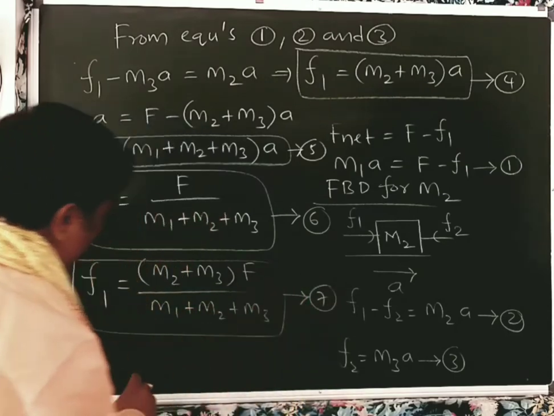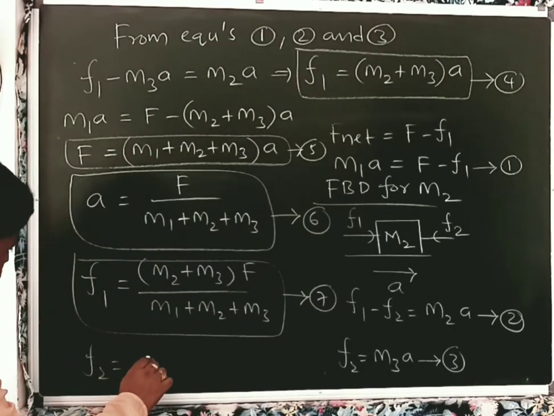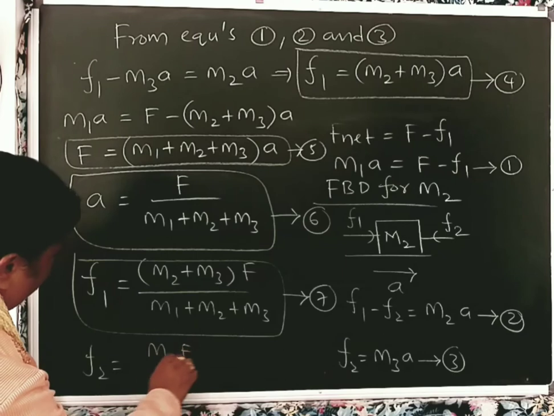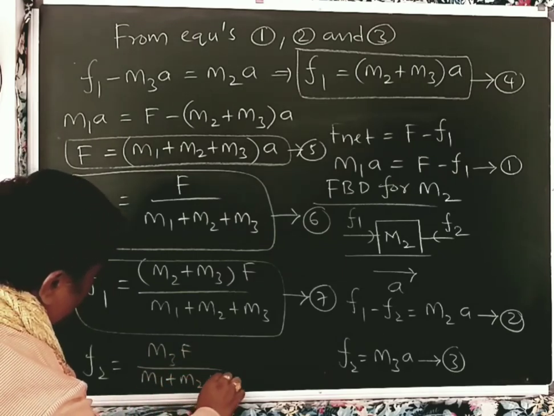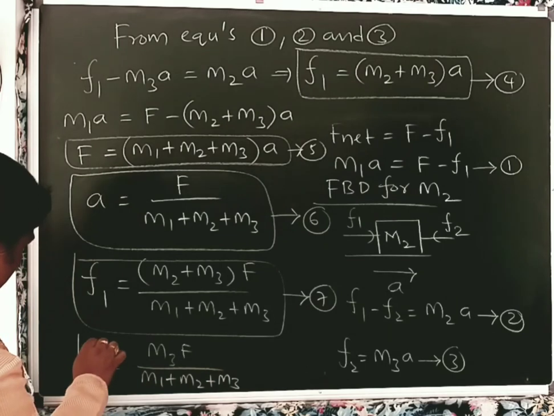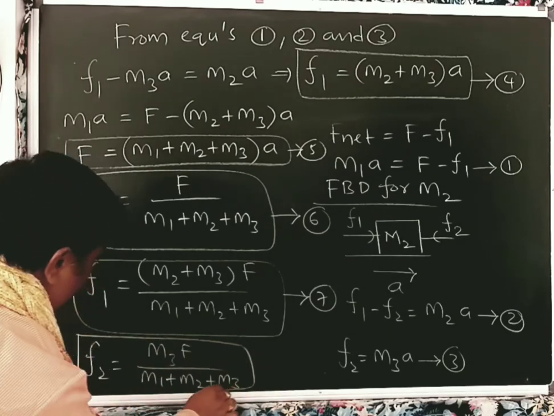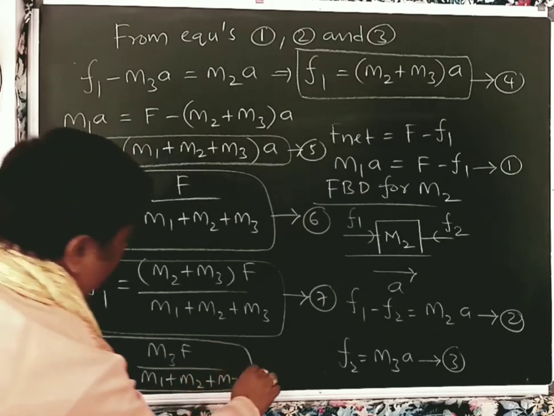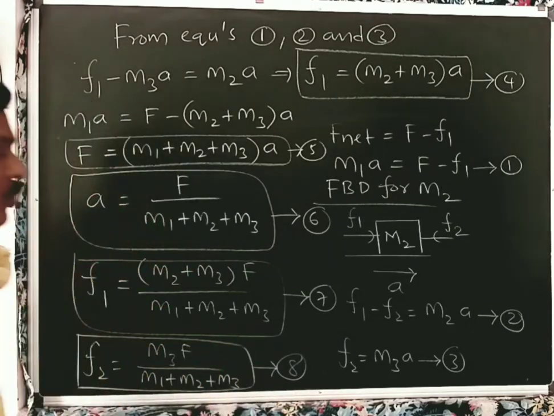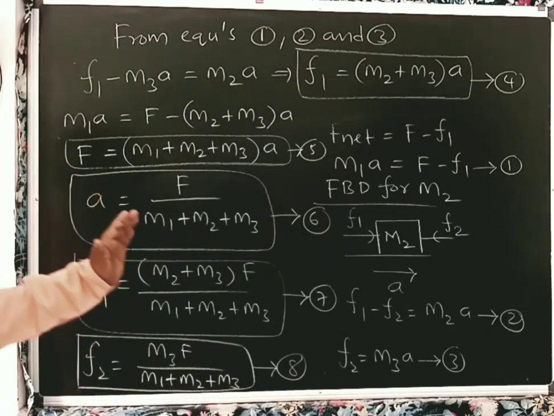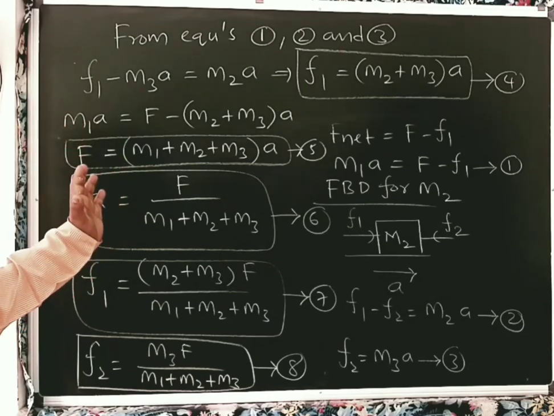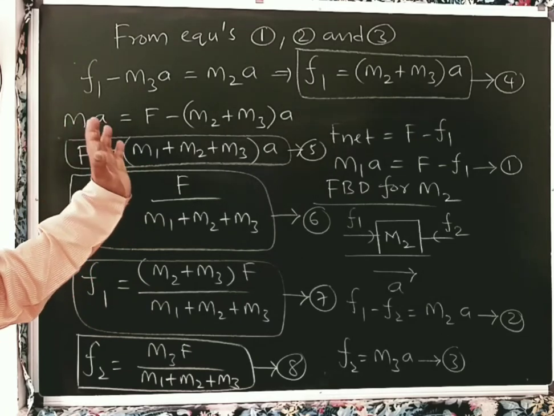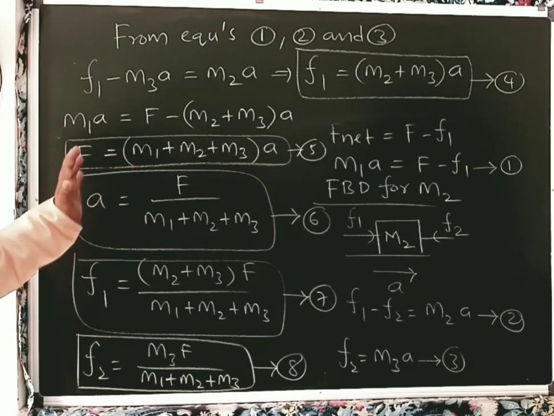The second contact force F2 is equal to M3 F by (M1 plus M2 plus M3). This is the expression for the second contact force. So these are the expressions for three masses or three blocks in contact with each other on a horizontal surface.